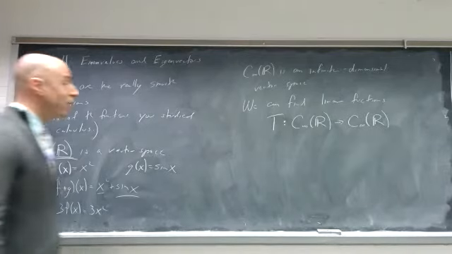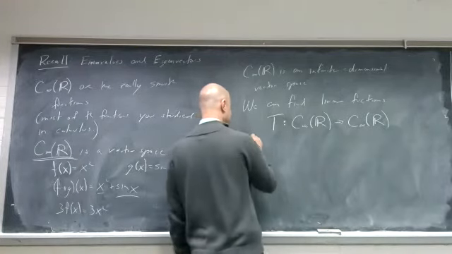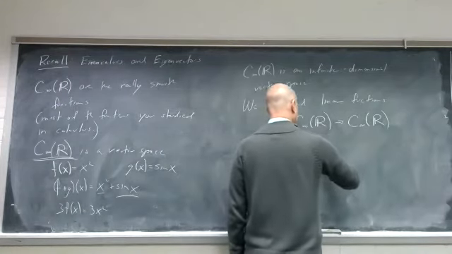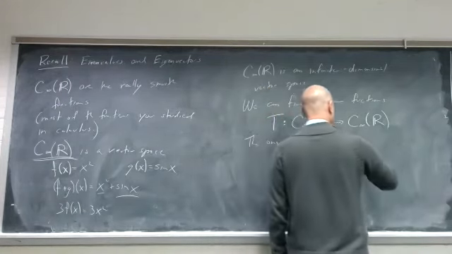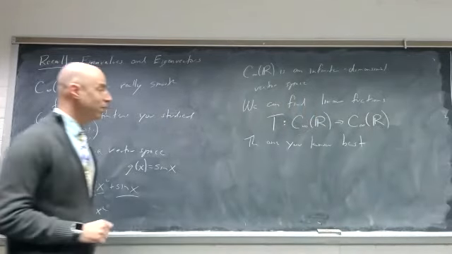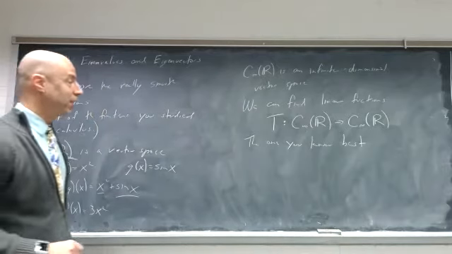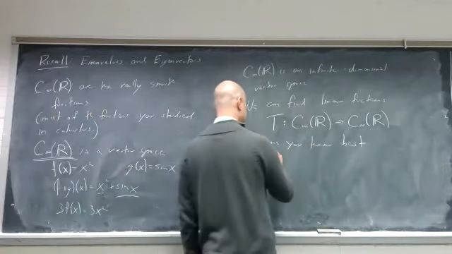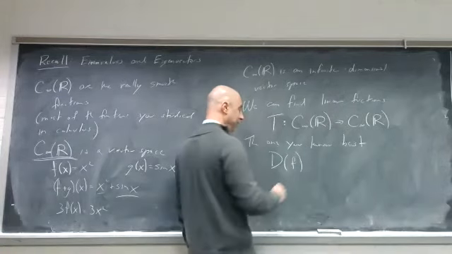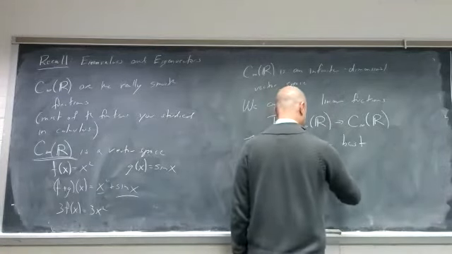The one that you know best, you haven't thought of it as a function before, but it's certainly a perfectly nice function. I'm going to call it d. And d takes a function and just takes its derivative.